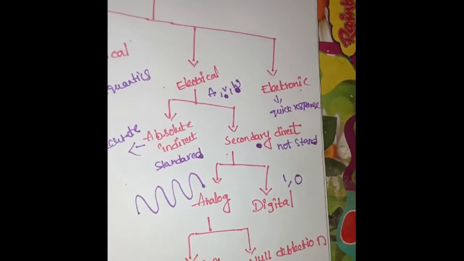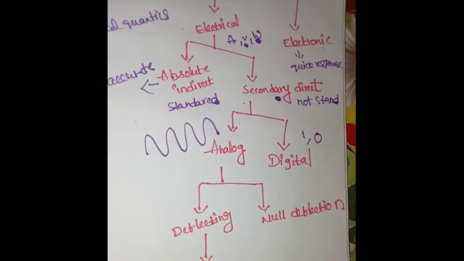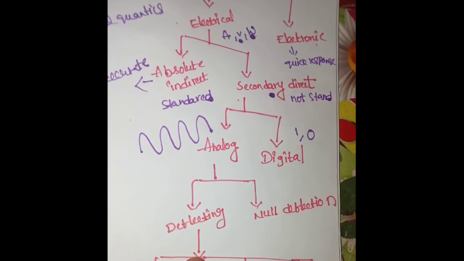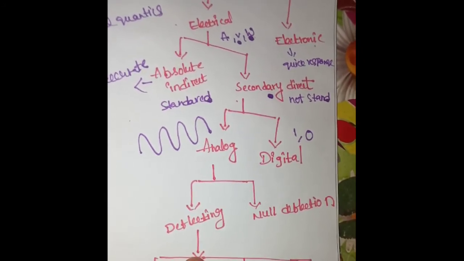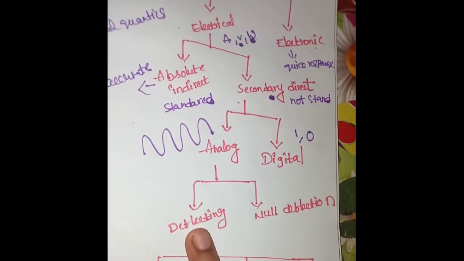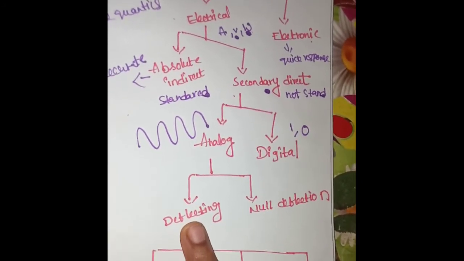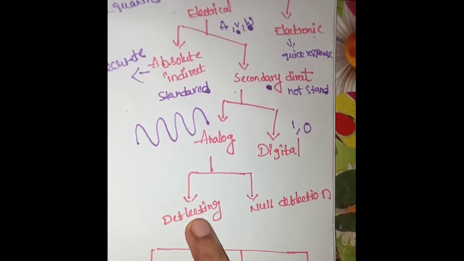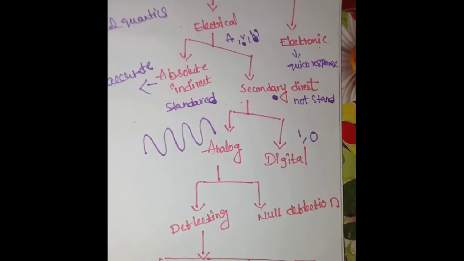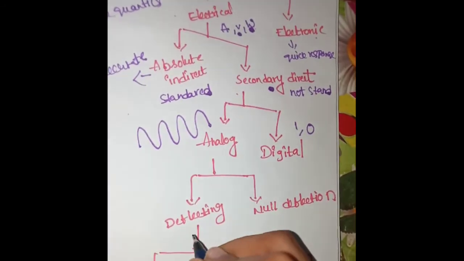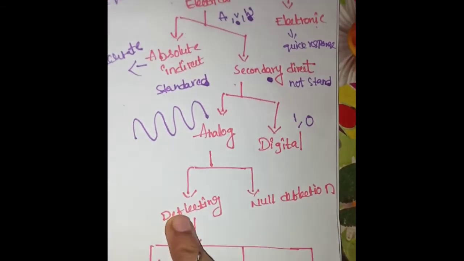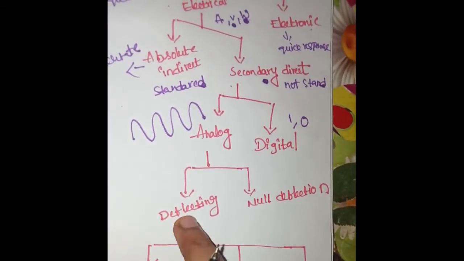Coming to the deflecting instruments, the instrument in which the value of the measured quantity is determined through the deflection of a pointer is known as a deflection type of measurement. The measured quantity deflects the moving system in the instrument, which has a fixed calibrated scale. So the magnitude of the measured quantity is known. So this is known as deflecting.